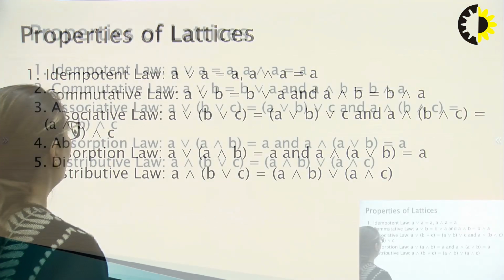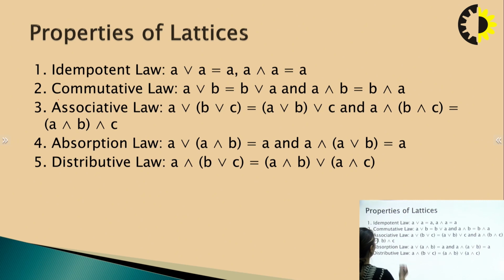Now, the properties of lattices. Idempotent law: A join A, this is called join. A join A means when an element is operated with itself and we find the least upper bound of this, it is the element itself, and the greatest lower bound is also the element itself.